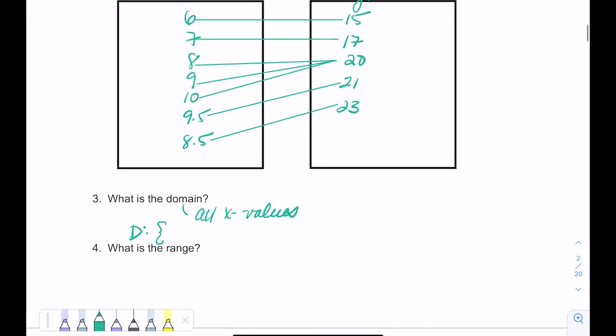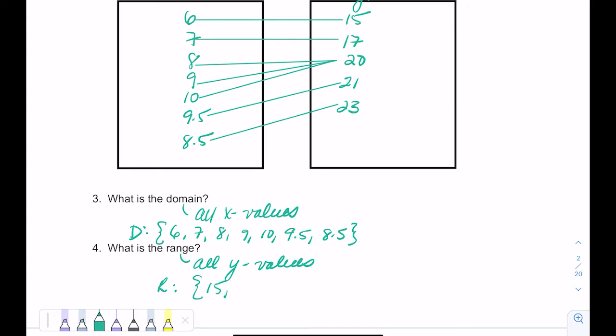So the domain would be all of the X's. And then the range, remember, all the Y values. And the range here would be all of the Y's listed.